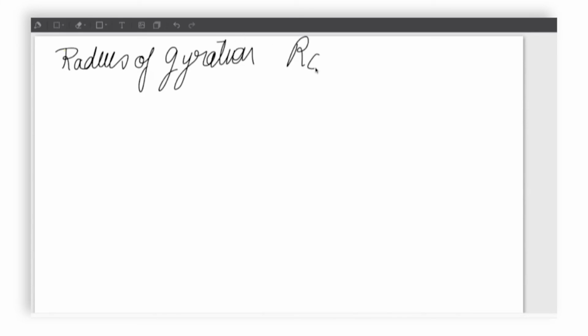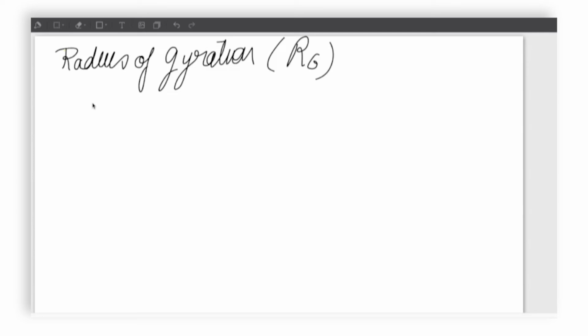So we wanted to define one more term. That was the radius of gyration, Rg.